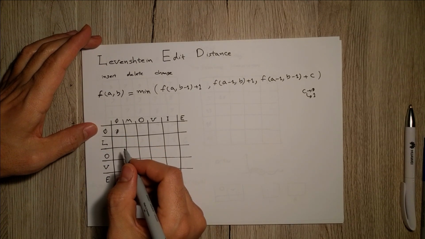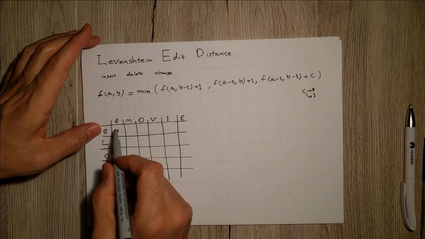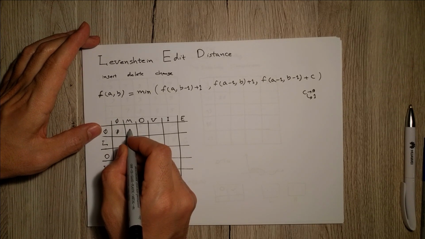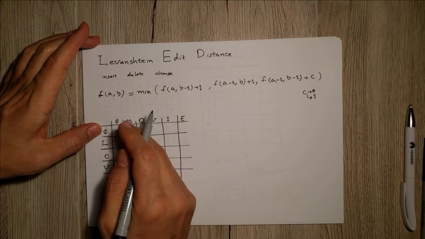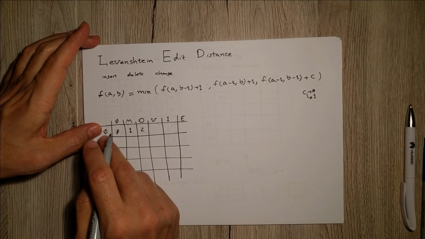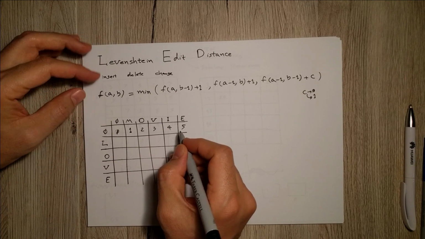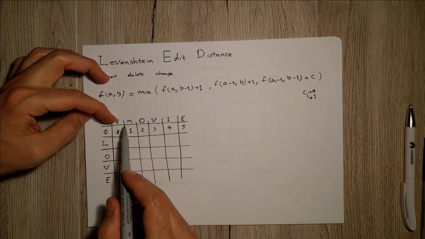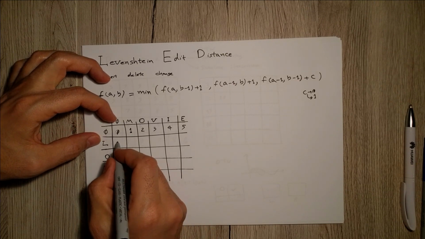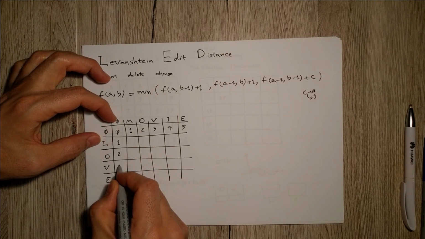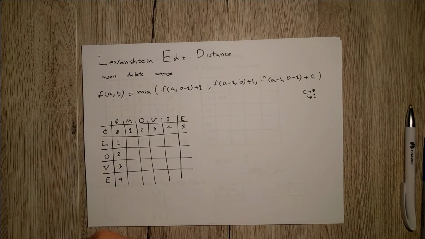The cost of comparing a null string with M is 1. I only need to do one change. So these are the insert part. Null with 2 string, MO is 2, null and 3, 4, and 5. And again here, the null string, which is a substring of a movie, with L is 1, 2, 3, and 4.